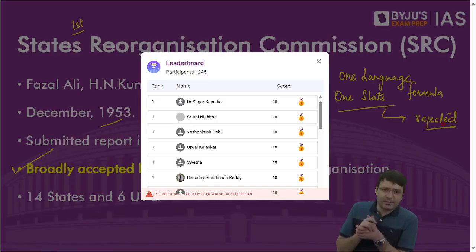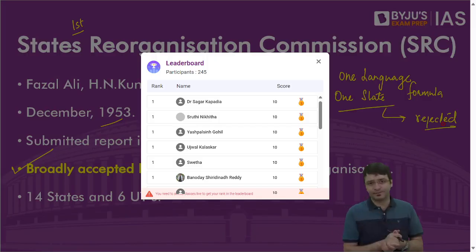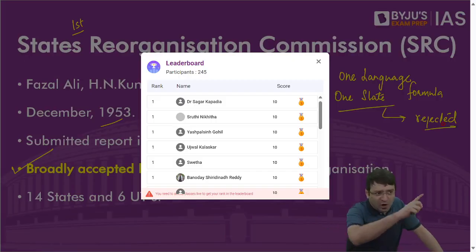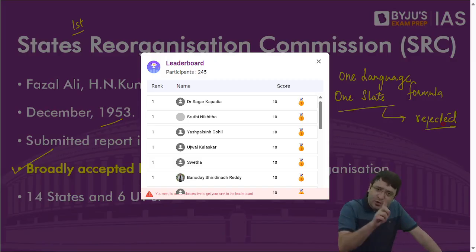The States Reorganization Commission said, yes, language can be the basis of reorganization. Let's create states in the name of language, respecting the sensibilities of the people. But we cannot have one state for one language. What does that mean? If we accept one language, one state, then almost the entire North India would be one state.